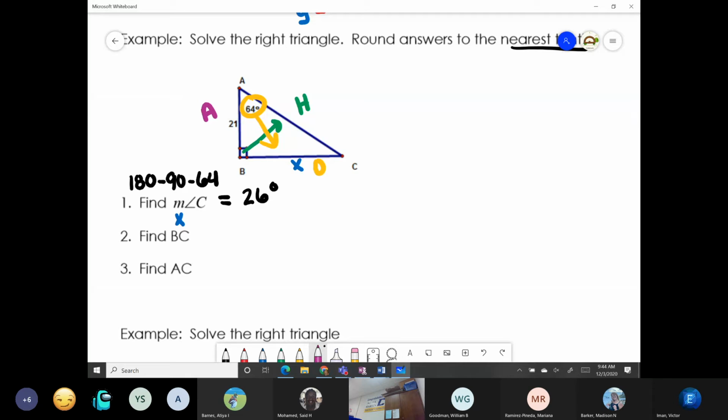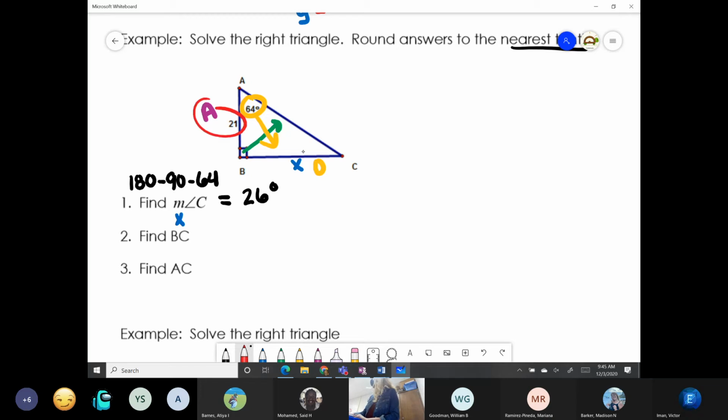It's a little small, it's not that bad. So I can get rid of my hypotenuse because there's nothing there.